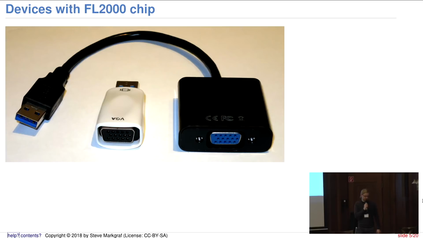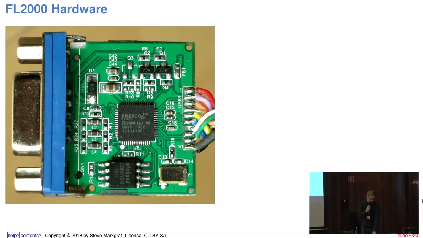Those devices look like this, available in many form factors. There are also ones available with DVI output and HDMI output and HDMI and VGA. So there are 2 variants of this chip, 2 packages. And this is how the fl2k FL2000 hardware looks on the inside of those adapters.